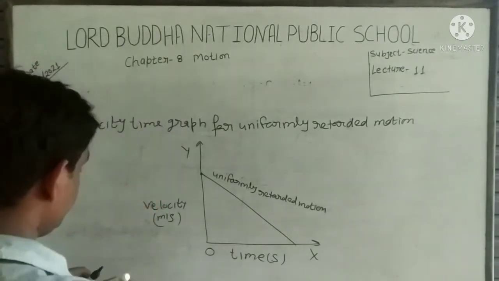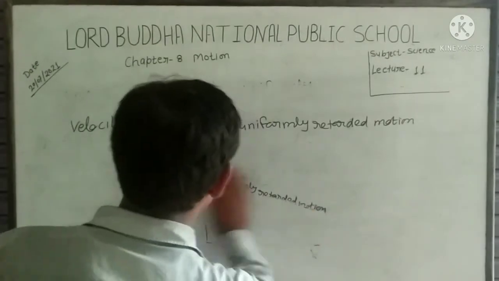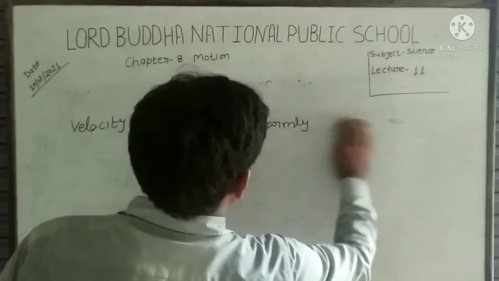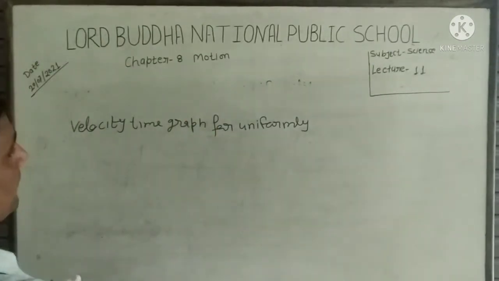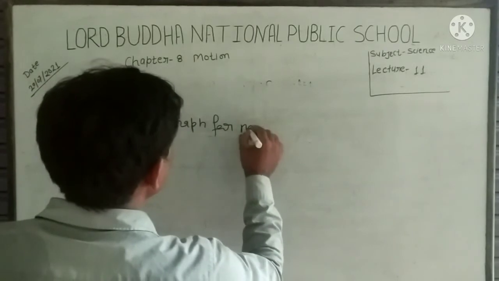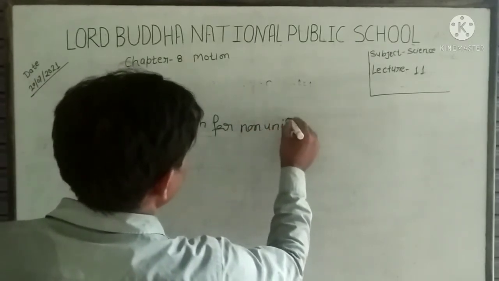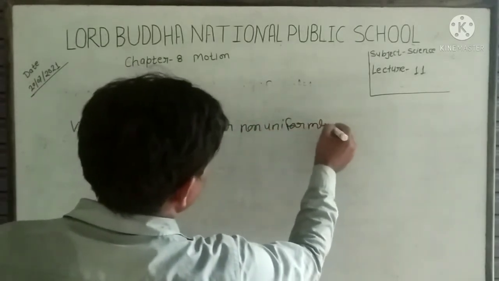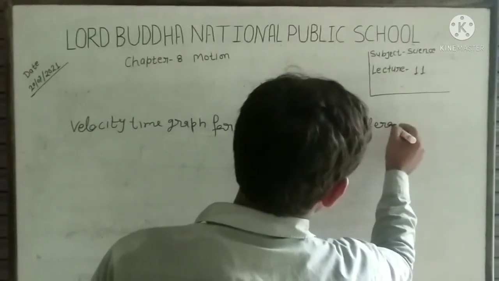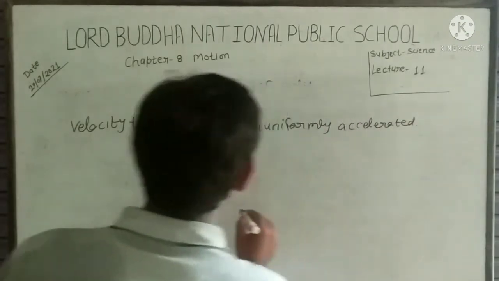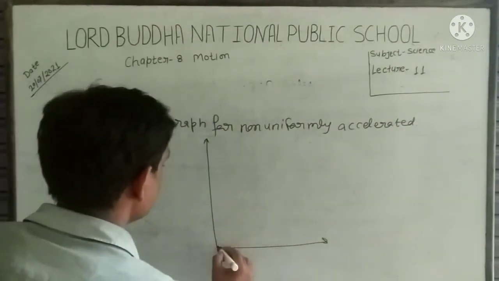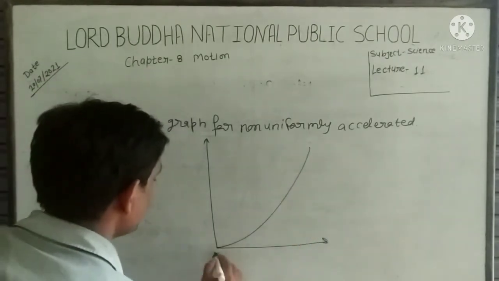Second, velocity time graph for non-uniformly accelerated motion. This will be a curve. Okay.